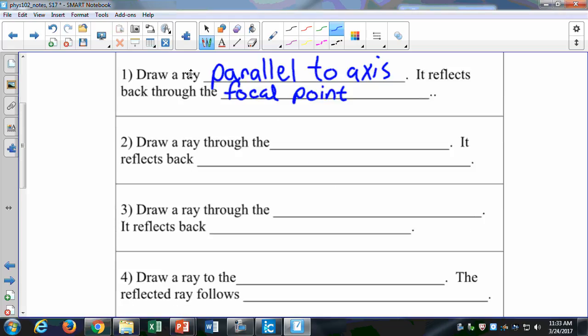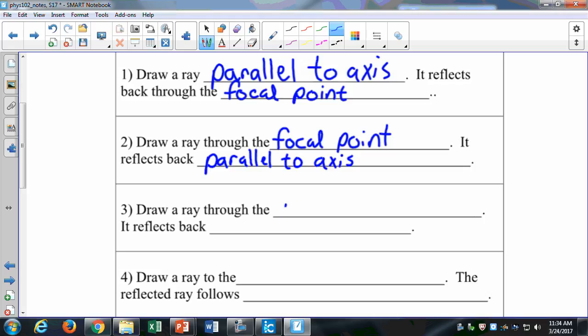We can draw a ray through the focal point, and it reflects back parallel to the axis. That's just the reverse of number 1. Rays have reversible paths. If they go in one direction, they can go in the opposite direction. We saw that with refraction, right? When it went from one medium to another, it would bend towards or away, and it worked in the reverse.